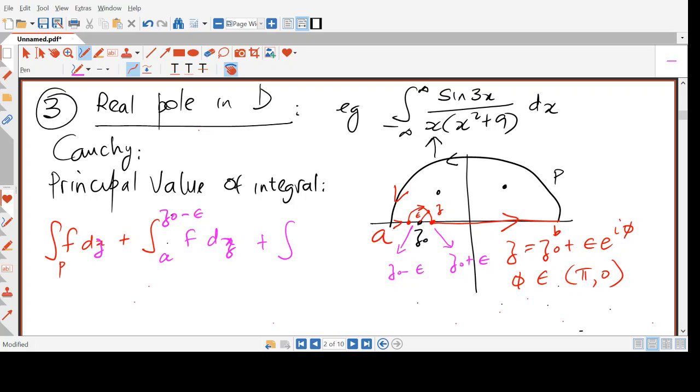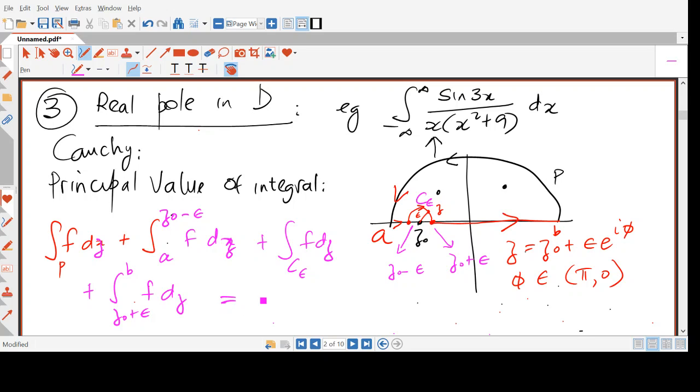Plus, then we do the integral along this curve, let's call that c epsilon, of f dz. Plus, then the part from z0 plus epsilon up to b of f dz. And so that covers it all now.